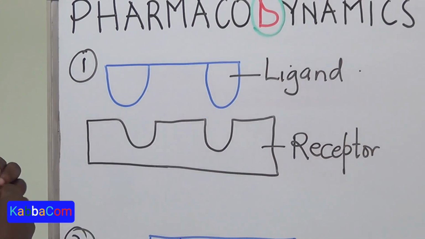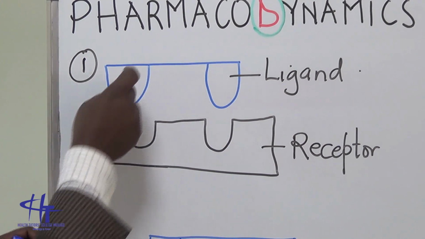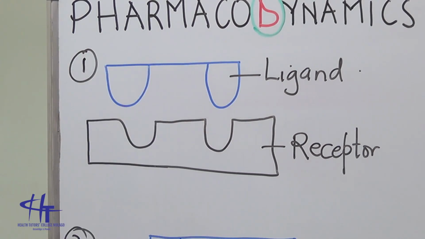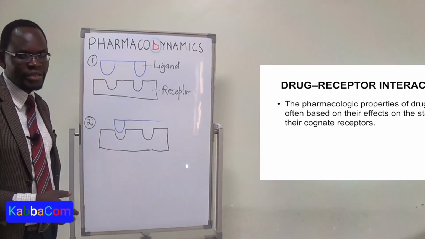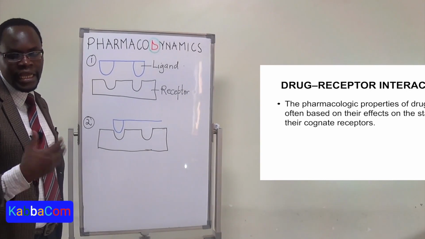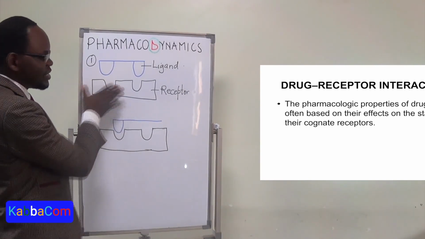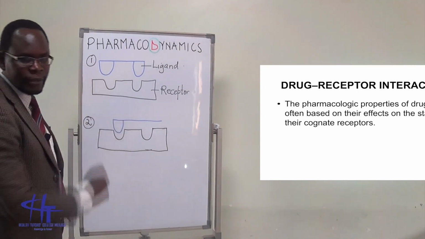This is generally what we refer to as the full agonist, because it is able to occupy both sites and elicit a maximal response. So in other words, a full agonist is a drug capable of fully activating the effector system of a receptor once it binds to it.